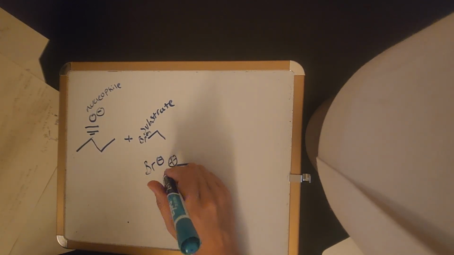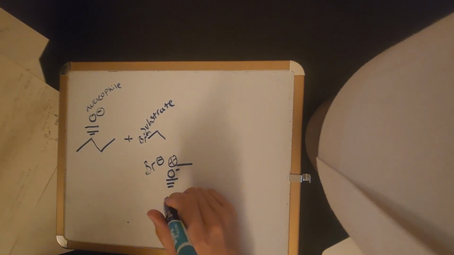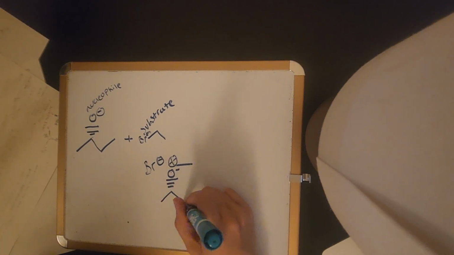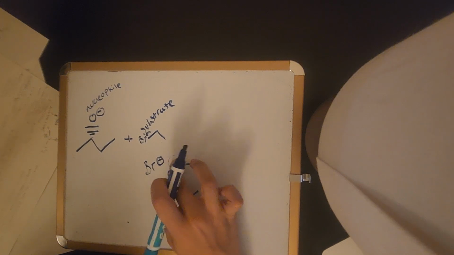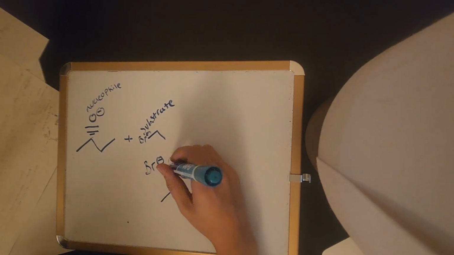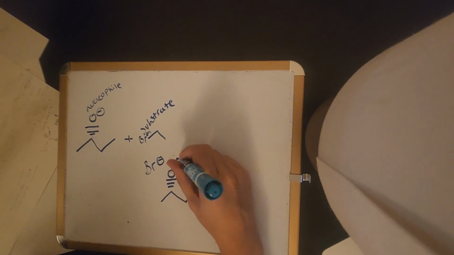You're going to put this O here, O minus, still in the same configuration it was. And we're not going to want to leave this as a line. We want to show that it's coming from O and going to a carbon and going to another carbon. And that will be your final answer.